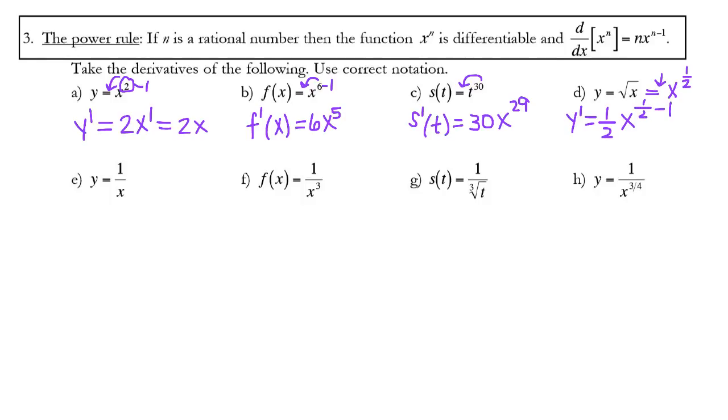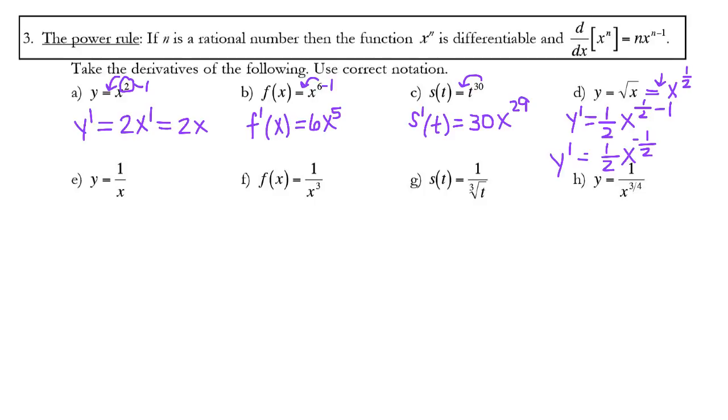Now we do have to simplify 1/2 minus 1. That's going to give us -1/2, but we will leave our answer like that. We're going to have y prime equals 1/2 x to the -1/2. And it's okay to leave your exponent in that form for right now.